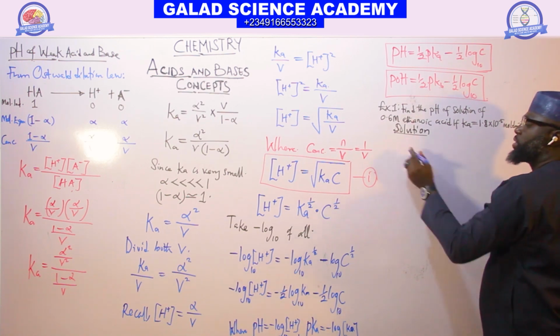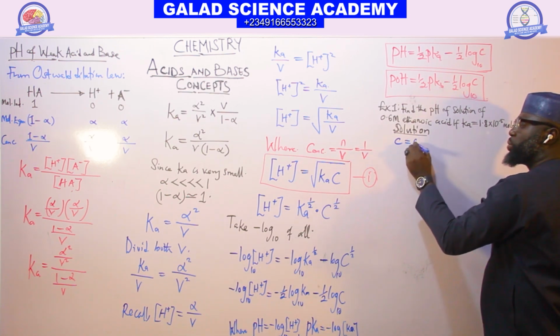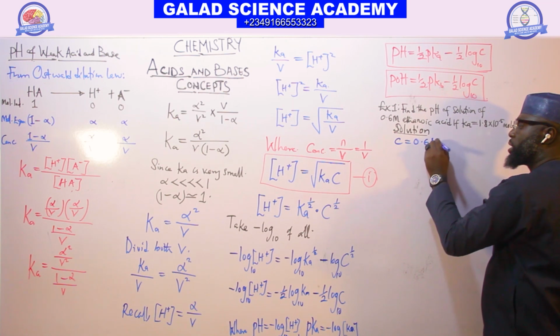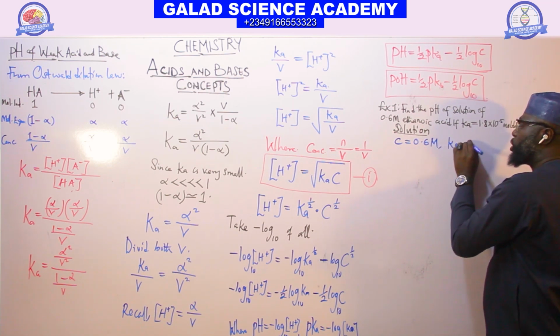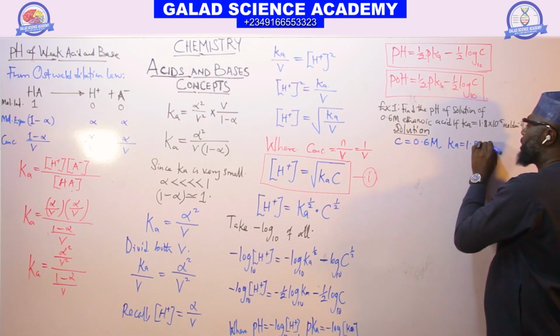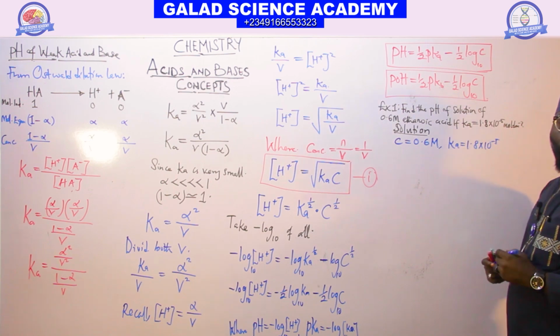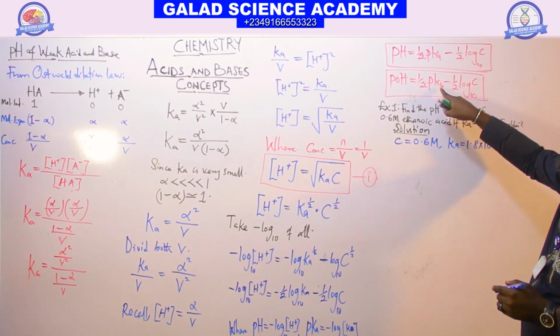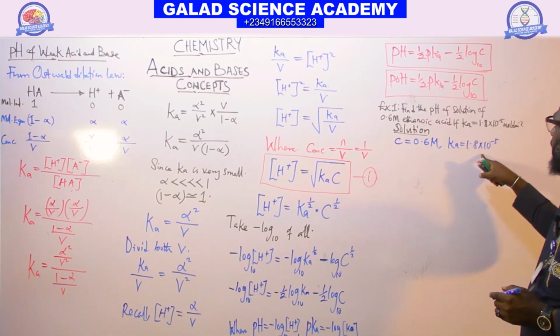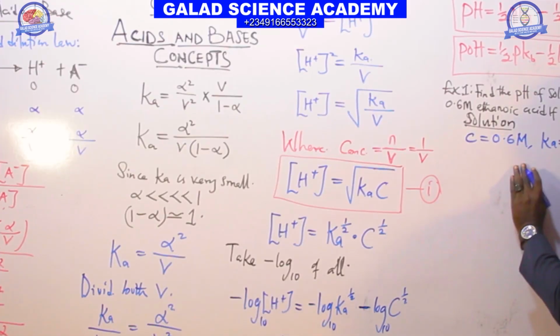We are given C should be 0.6 mole and Ka will be 1.8 times 10 to the minus 5. And to know the pH, we must have Ka, we have Ka. We will first of all find what?